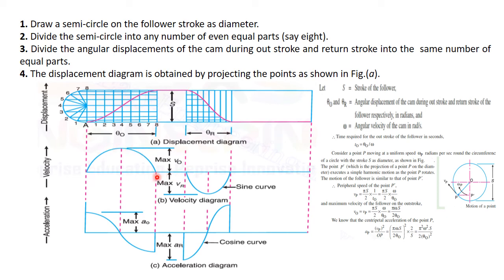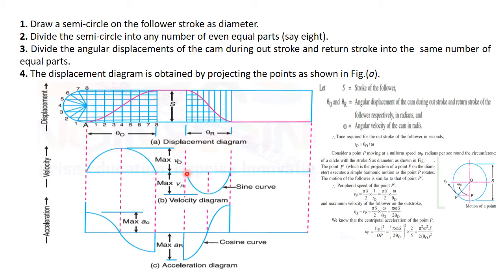After that, during the return stroke, we draw a similar diagram. In the mid of the returning stroke, velocity will be maximum but the direction will be negative. At this point, the follower is in the resting position, therefore velocity will be 0.